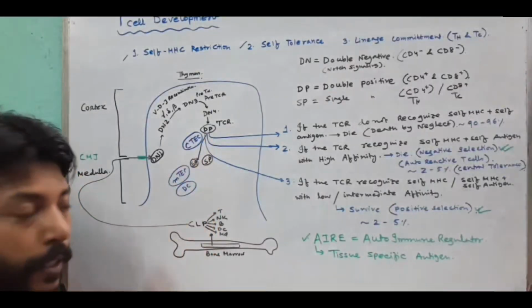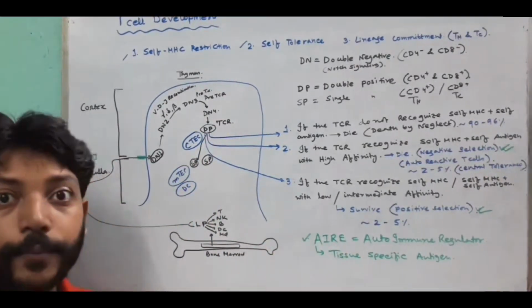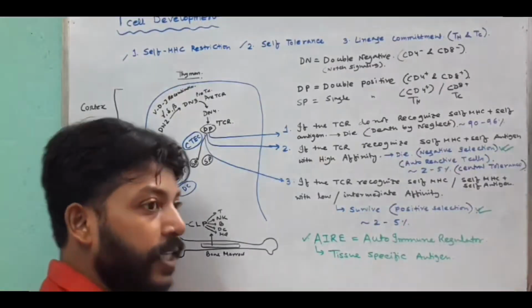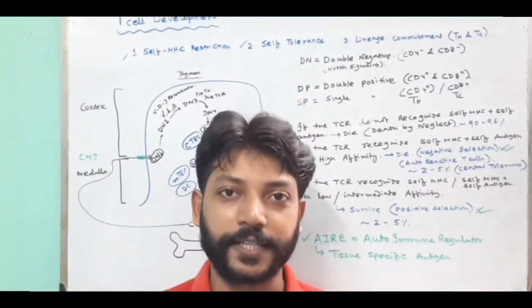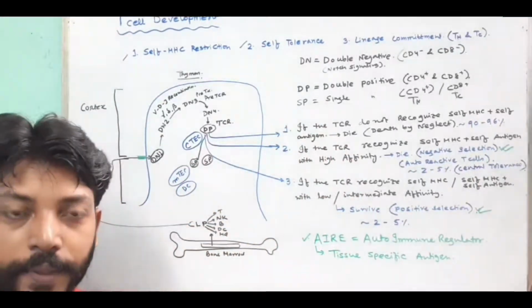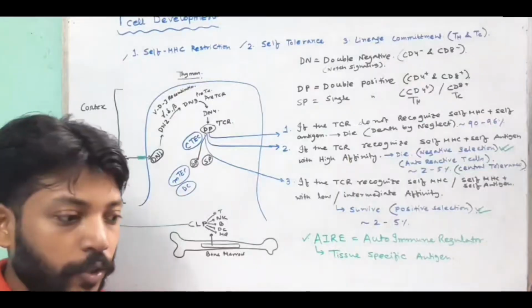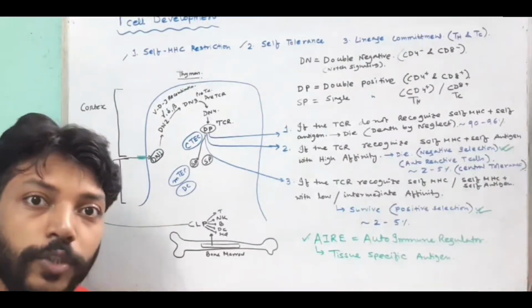They cannot produce these. But the MTEC cell, with the help of AIRE, can produce tissue specific antigen in the thymus. That is very rare and a very interesting fact. Now the MTEC cell is producing liver antigen, pancreatic antigen, stomach antigen, kidney antigen, which are specifically expressed only in those tissues.